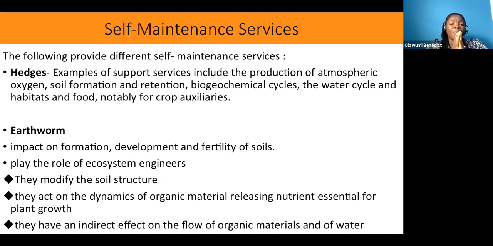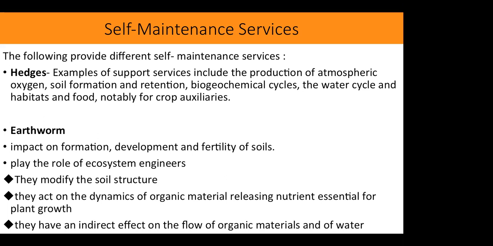Then also soil formation and soil retention. They help in soil formation and soil retention because they have long roots. The roots can penetrate into the soil by breaking up the hard pans all around our farm. These trees, these hedges, can travel a long distance and help in soil formation.